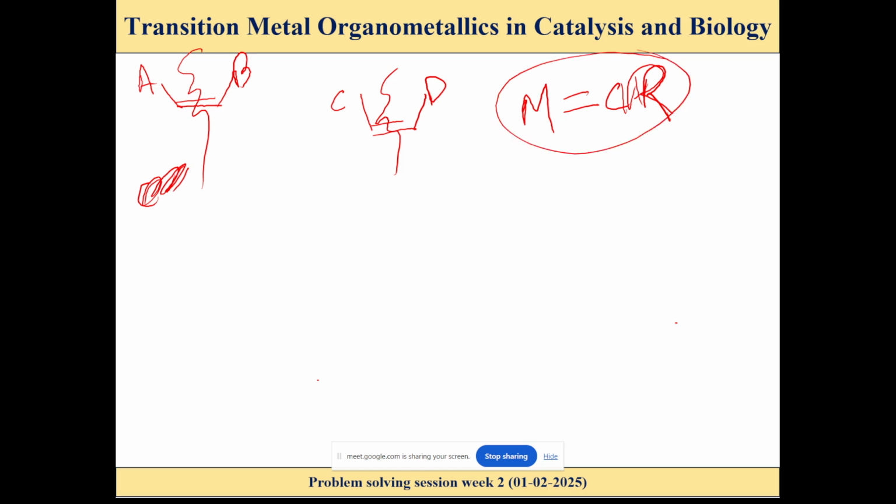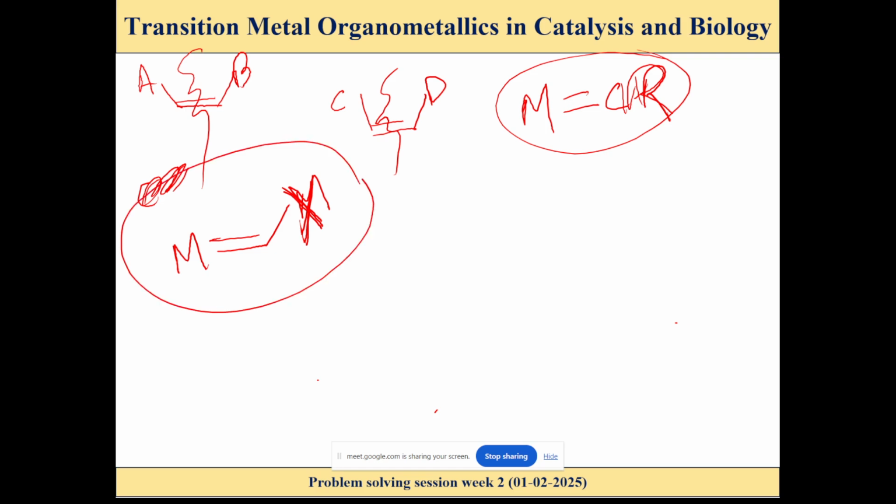Now from this reaction with one carbene, that is M, if you have M with another X, this will generate multiple reactive species.